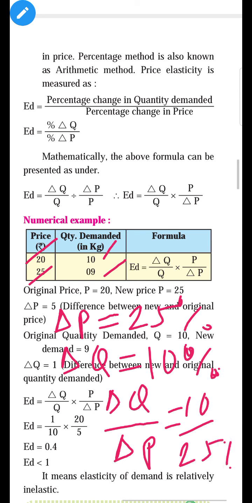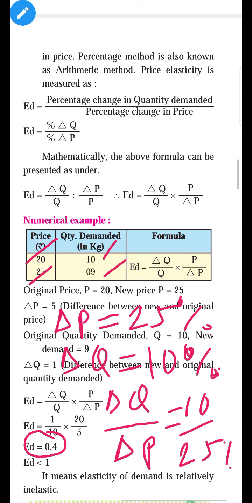Now solve this equation. Yes, 10 upon 25 is equal to 0.4. You can use the mobile calculator afterwards. Yes, 10% upon 25% is equal to 0.4.